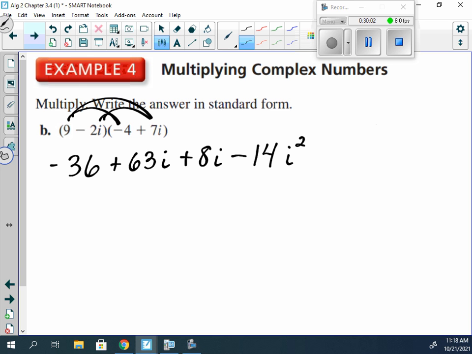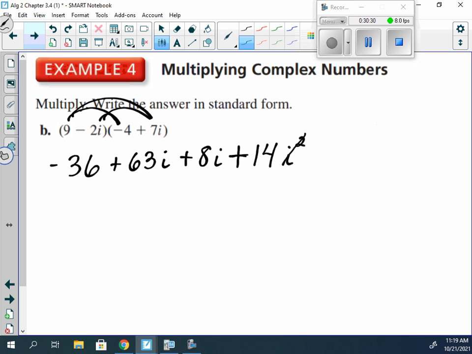Now, what did we say i squared was? Negative 1, yes? Well, negative 1 times the number, well, 1 times 14 would just be what? 14, right? 1 times any number is not going to change it. The negative is doing what? Just changing the sign. So what I do, instead of rewriting it, is I will cross the i squared out and change the sign.